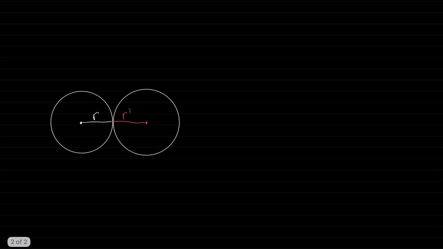If I add them, so r prime plus r, if that is equal to the distance between the centers, using the distance formula, then we can say that the circles will touch at one point.